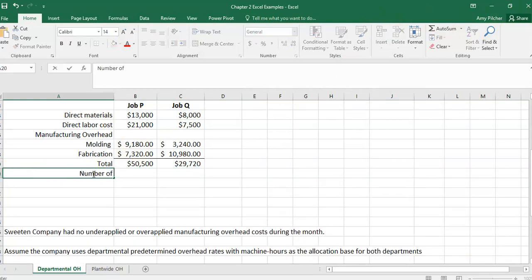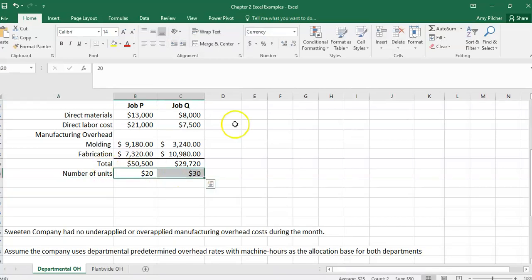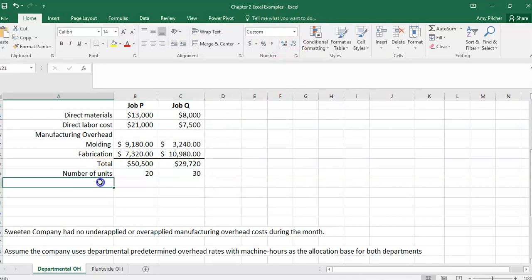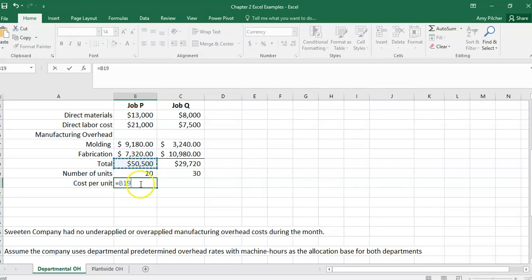Number of units. We have 20 units for P and 30 units for Q. Cost per unit. We take the total cost of the job divided by the number of units.